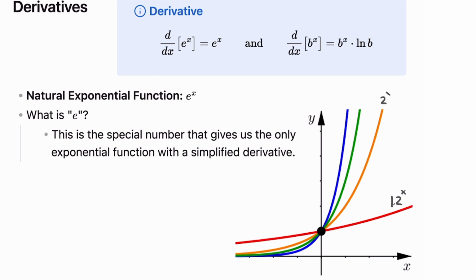The next one, this is the graph of 2 raised to the power x. And then the last one, that's the exponential function 3 raised to the power x. And then the special one that's in the middle, in between 2 and 3, this is going to be our natural exponential function, e raised to the power x.